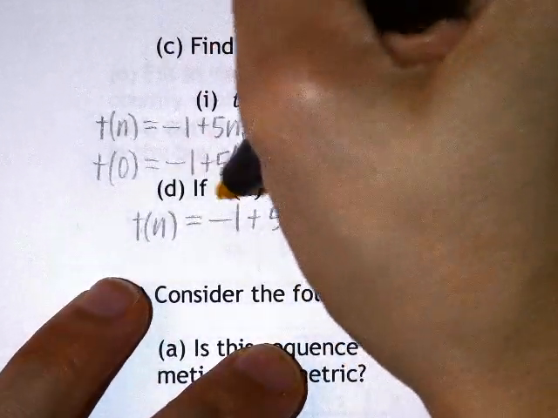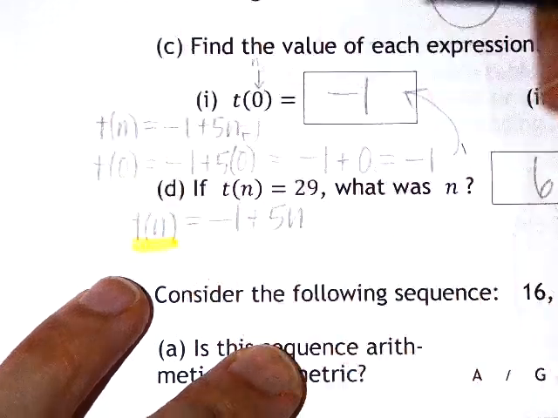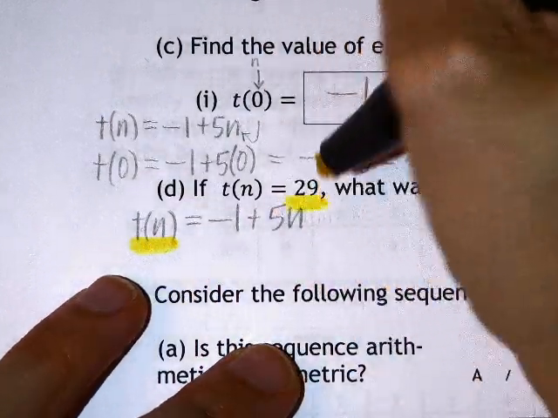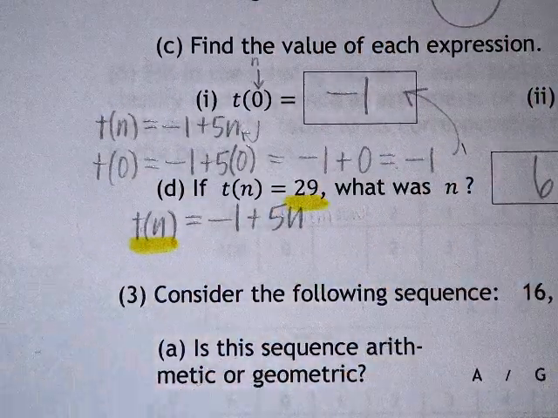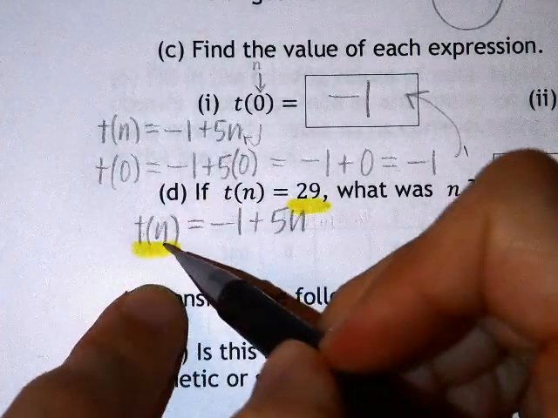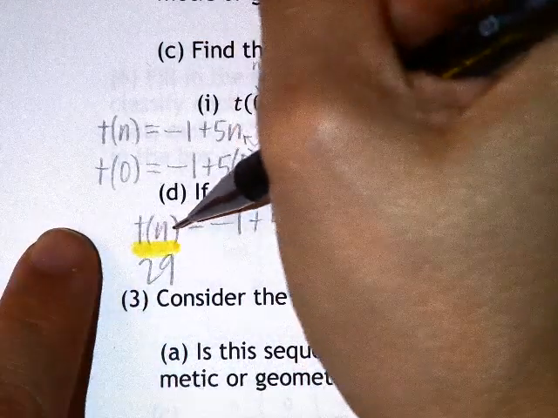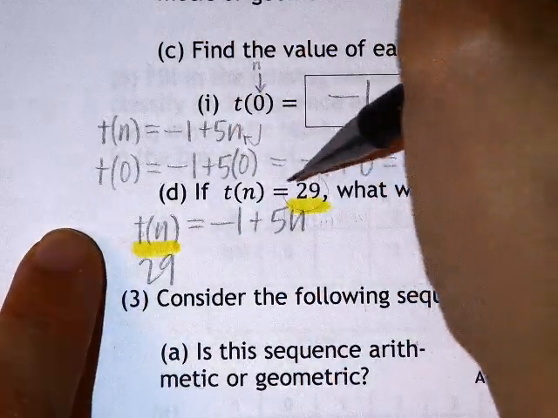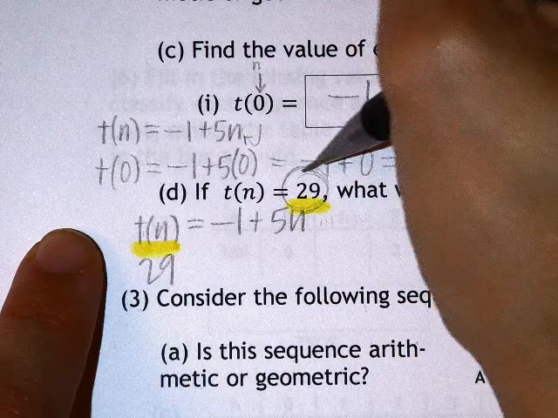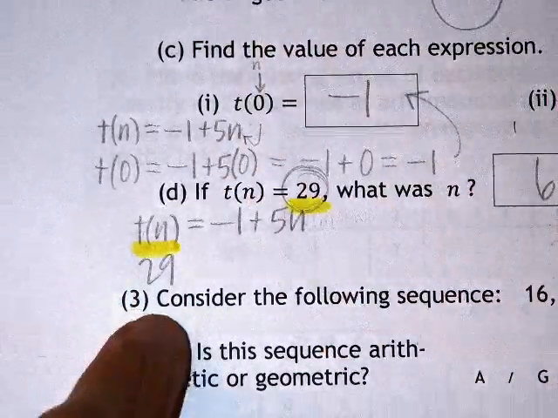T of n, that's this part here, equals 29. So that means wherever I see t of n in the equation, I can replace it with the number 29. Notice the t and the n both kind of go away. It's like a 2-for-1 substitution. I can replace the whole thing with the single number 29.